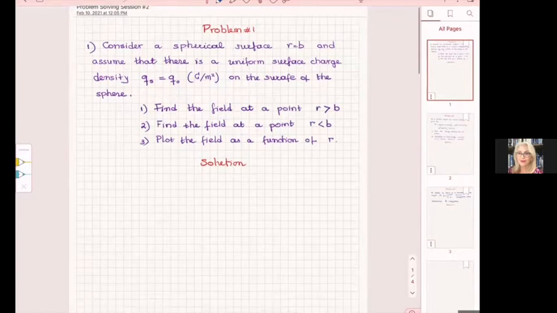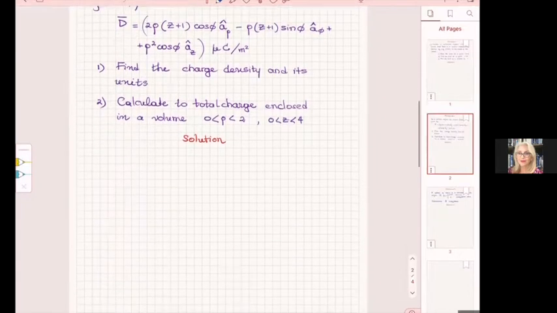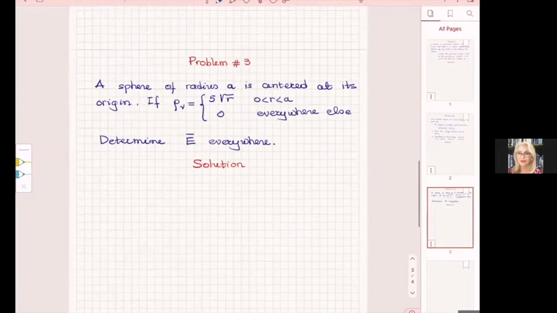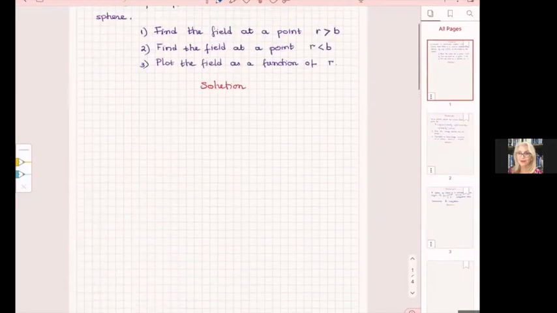I have a spherical surface. The second problem is an electric field that is given, and we want to find the charge density and units and calculate the total field. And the third problem is a sphere of radius that is centered at the origin and has a particular volume charge. So this is what I have in mind for problems.